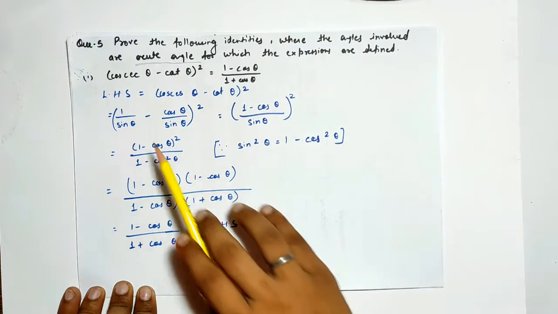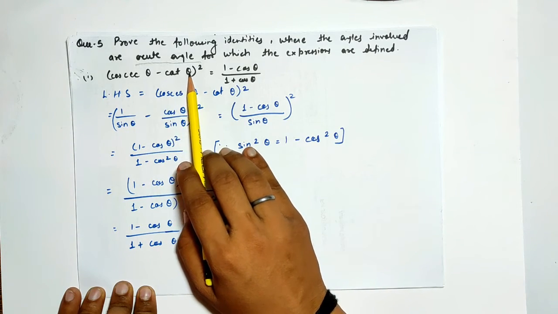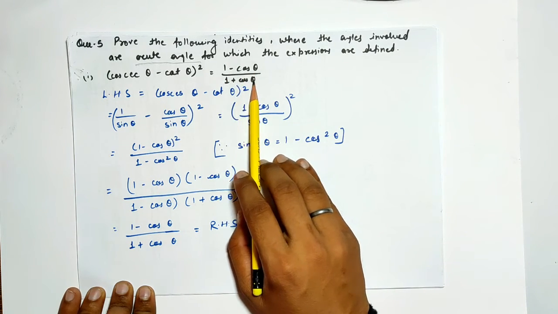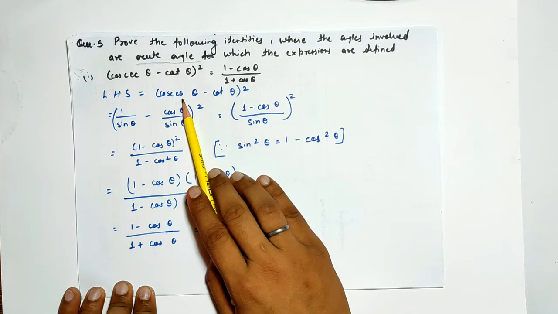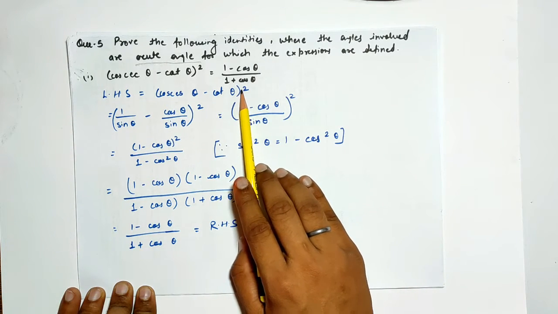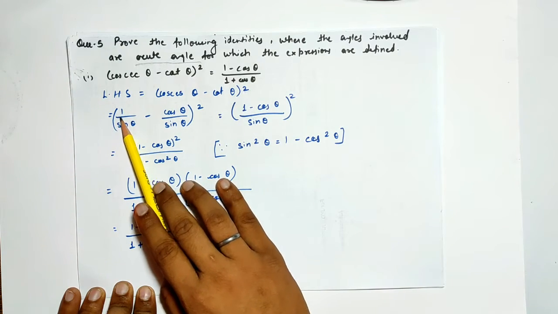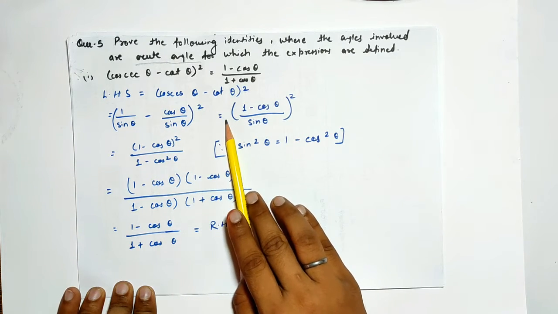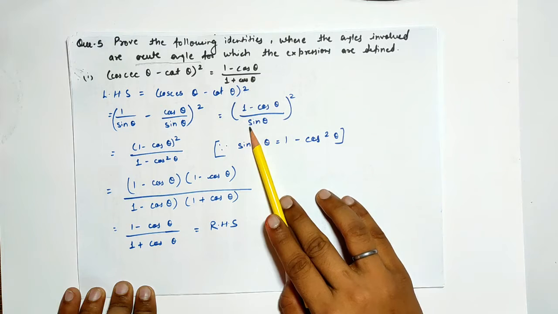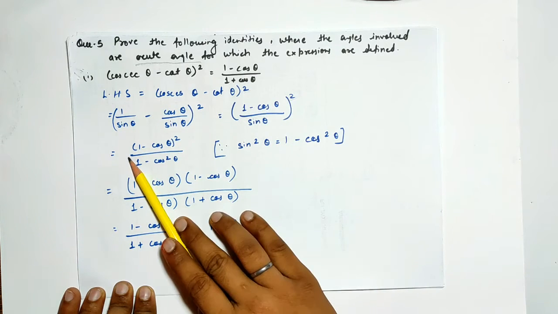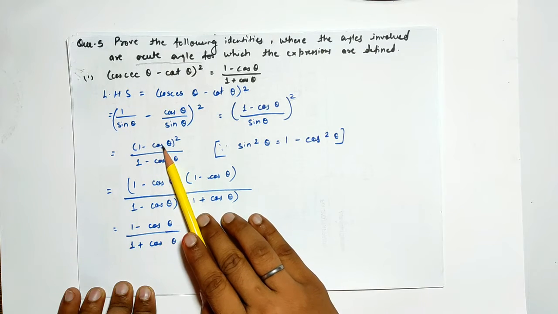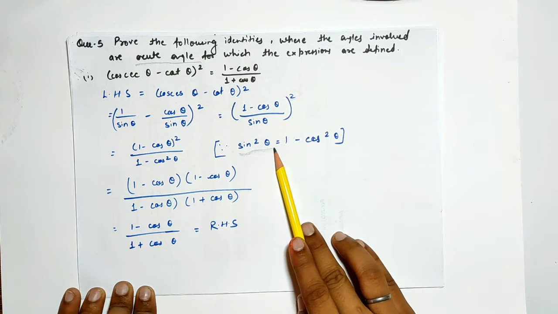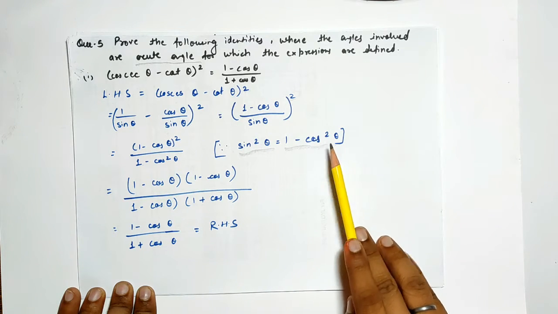So let's start this. (cosec q minus cot q) whole square is equal to (1 minus cos q) upon (1 plus cos q). LHS is equal to (cosec q minus cot q) whole square, which is equal to (1 upon sin q minus cos q upon sin q) whole square, which is equal to ((1 minus cos q) upon sin q) whole square, which is equal to (1 minus cos q) whole square upon (1 minus cos square q), because sin square q is equal to 1 minus cos square q.